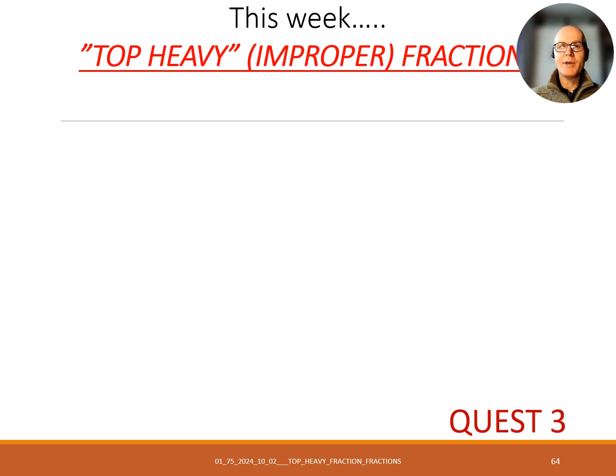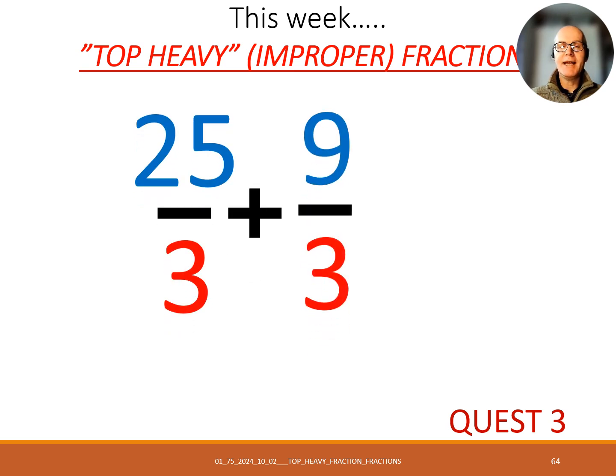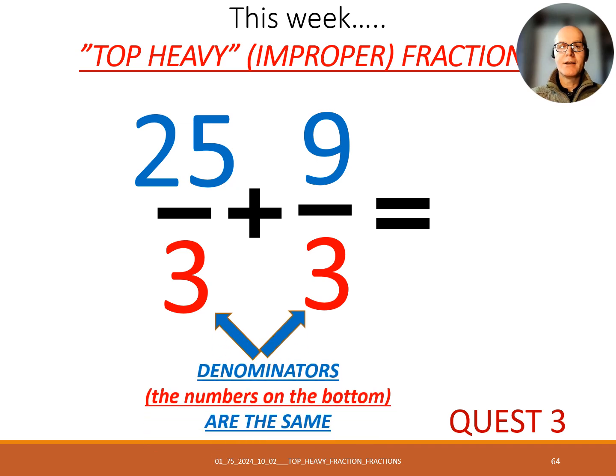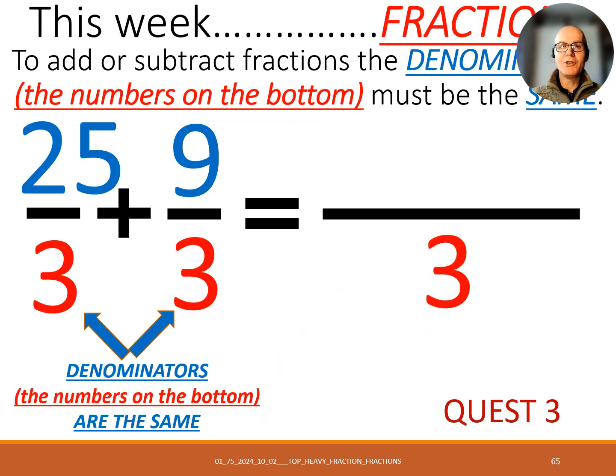Let's look at question 3. Question 3 is 25 over 3 plus 9 over 3. 25 thirds plus 9 thirds. What does that equal? Common denominator is 3, so we don't need to change that. Let's put that common denominator of 3 on the bottom.